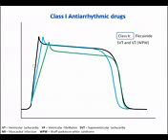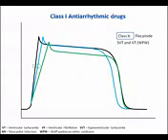Class 1C drugs have the strongest sodium channel blockade, so they have a very slow rate of dissociation from the sodium channels. So they produce an almost constant level of blockade of the sodium channels, and so they have the most potent effect on the rate of depolarization of the cardiac myocytes, and they don't alter the action potential duration at all.